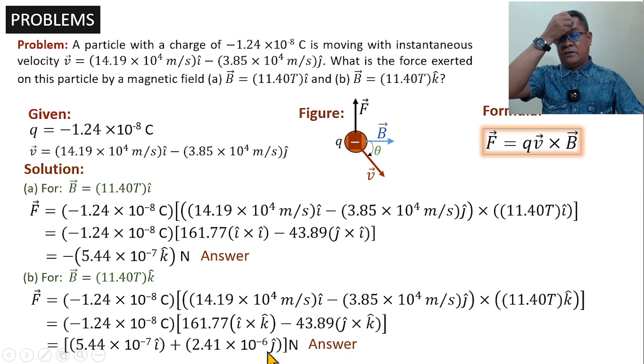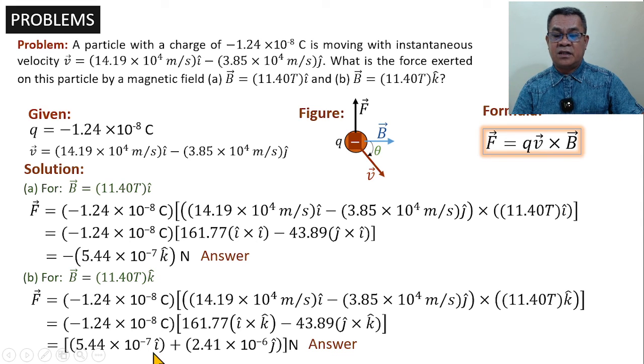We follow the order. It should be ascending order, I, then j, k. So I change the position. This is negative. Negative becomes plus. That's why this is positive. And this is negative. But negative times negative becomes plus also. But this is j. And this is the answer. Kindly verify this answer. If this is correct, I think this is the only wrong portion, but this is correct.